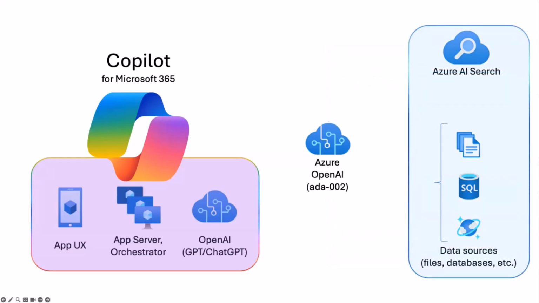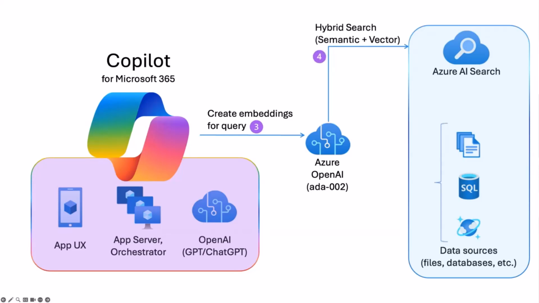Once your data is available for searching experience, we will create embeddings for our query. So when user sends a prompt to our Copilot, we will convert this data to embeddings and then make hybrid search and then respond with vector embeddings and return data, even if it's text, document, image, video, any type of data.